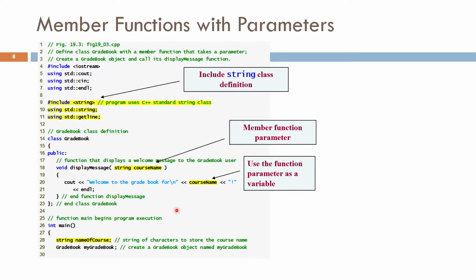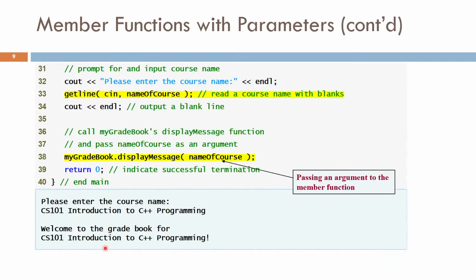The key difference is in how we use it in our main function. We can have a string nameOfCourse, of course, and we can create our GradeBook object. Then we output "Please enter the course name", and we can use the getline function from the string library to grab the course name from the console window.